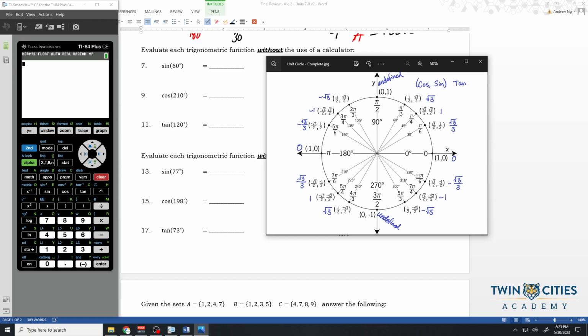The sine of this angle measure is this y value. And the tangent of this angle measure, I've written that on the outside here. That's sine over cosine, sine divided by cosine. So when I say sine of 60 degrees, it's really saying, what is the y value of 60 degrees? It's square root of 3 over 2.